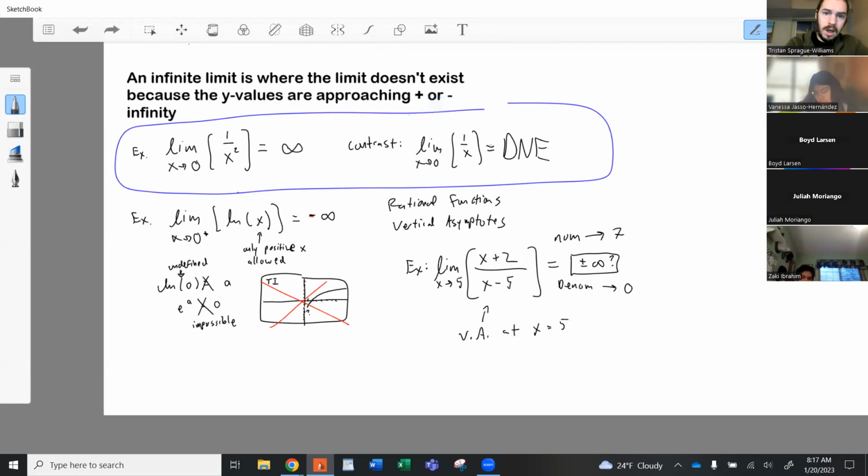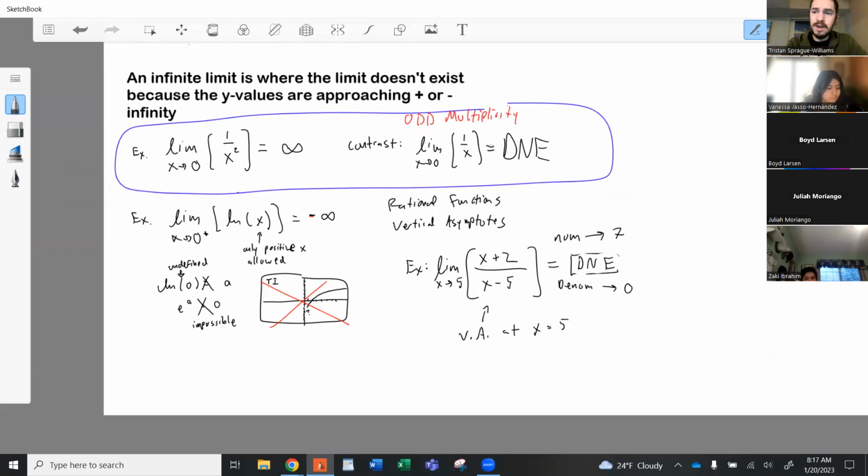The odd multiplicity case is like 1 over x to the power 1. So in the example I've written down here so far, the correct answer would just be does not exist, because this is similar to the 1 over x case, where the vertical asymptote is going like this picture. You see what I'm doing with my hands here? It goes to positive infinity on one side and negative infinity on the other.